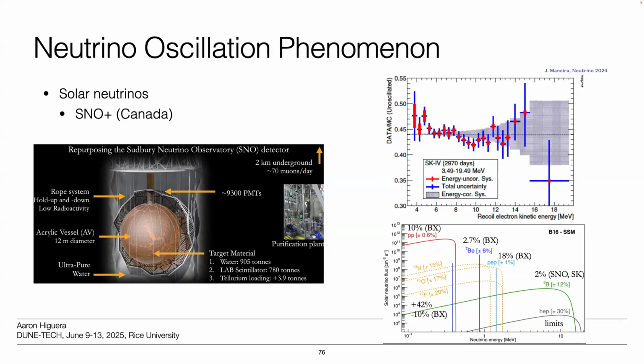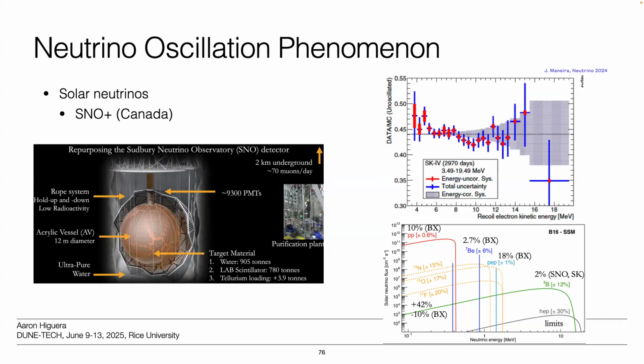And basically what we're doing is data versus Monte Carlo, and we assume that there are no oscillations, and you see the deficit. Now, it's so remarkable that you can see this as a function of energy. Remember, 60 years ago, we just counted how much argon was produced by these interactions and said, oh, we have 37 atoms of argon, so therefore there should be just 37 neutrinos. Nowadays, we have developed new techniques.